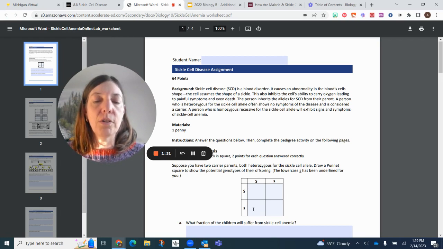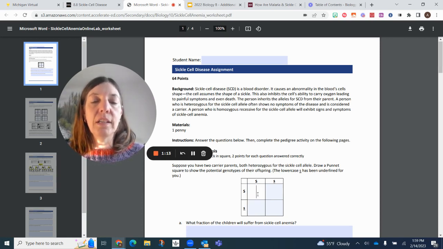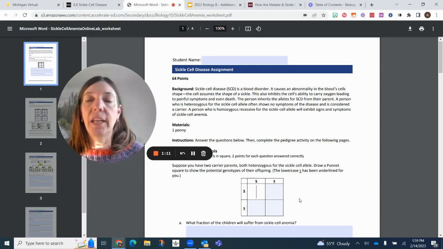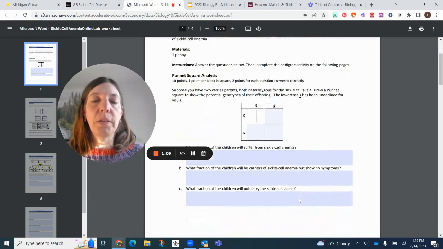In this third quadrant, uppercase S, lowercase s. And down here, it's two lowercase s's. This one is sickle cell anemia, and people die from it. These two right here are going to be heterozygous. That's when you're the carrier and it doesn't impact you. And then this one is homozygous, which is just the plain dominant, which is just the plain red blood cells.